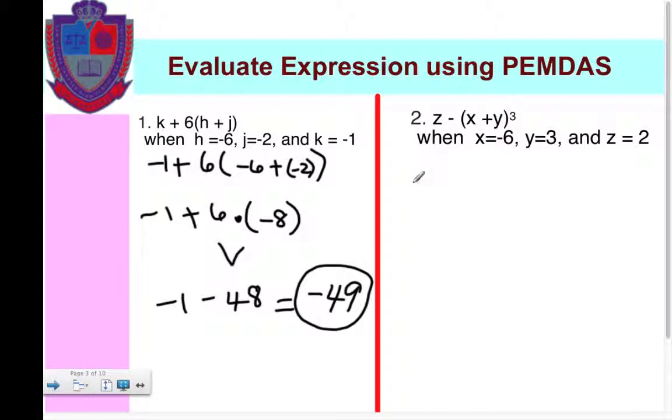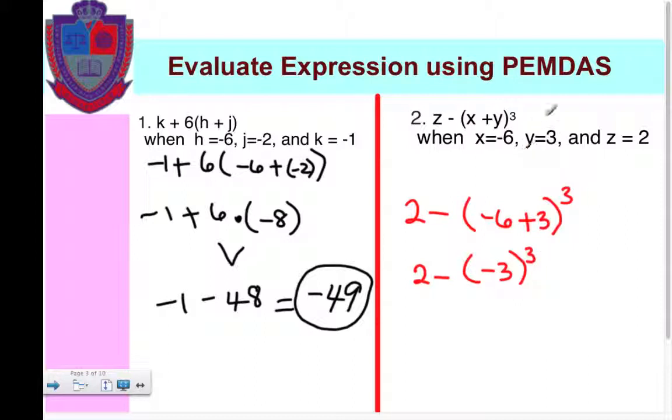Z minus x plus y cubed. So let's replace this. Z is 2, take away x is -6, and y is plus 3, everything cubed. This becomes 2, take away -6 plus 3, which is actually -3 cubed. -3 cubed, all that means is -3 times -3 times -3. -3 times -3 is a positive 9.